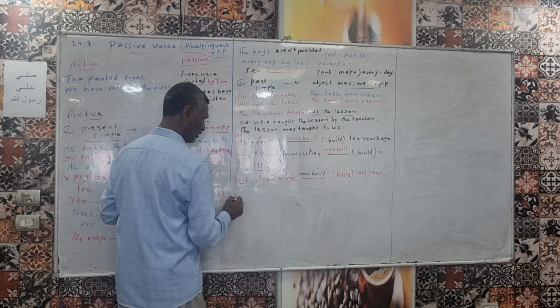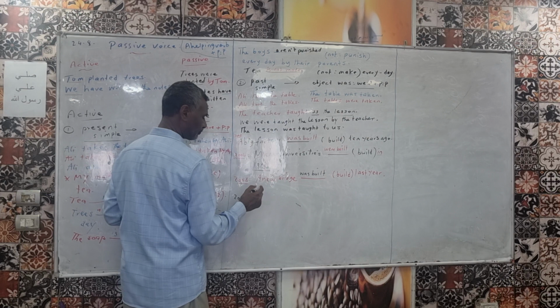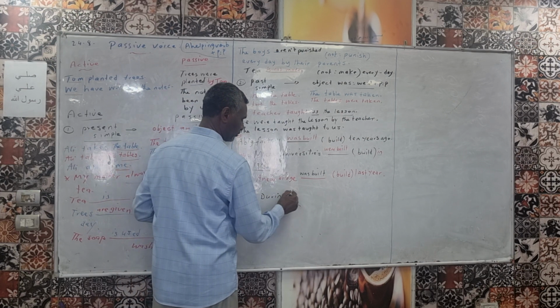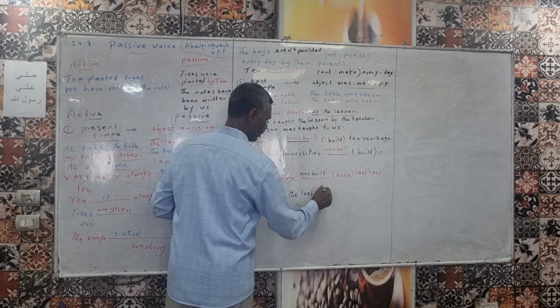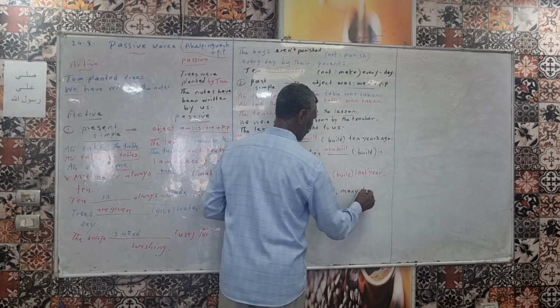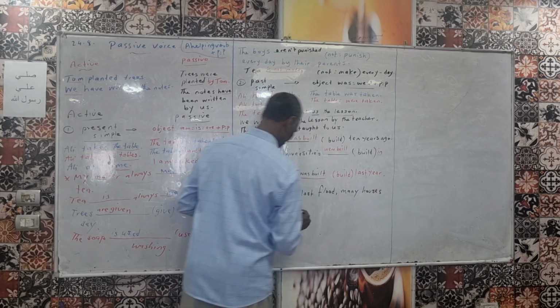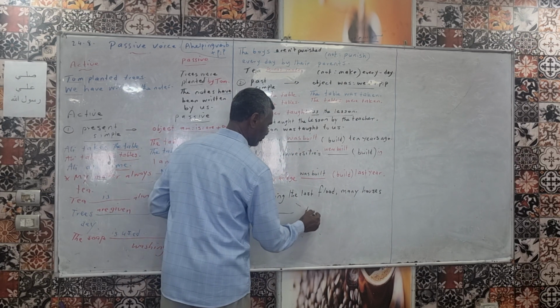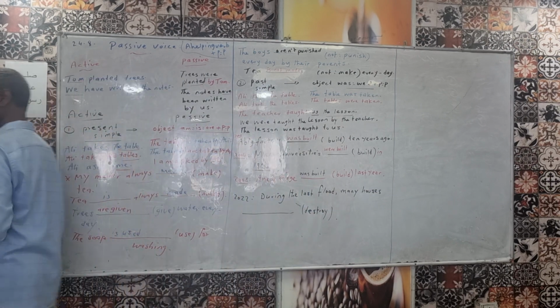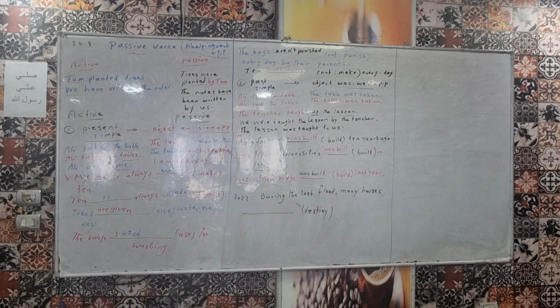The Sudanese Certificate of 2022: during the last flood, many houses destroyed. Is it the houses destroy or are destroyed? Active or passive? Flood sometimes is a verb, sometimes a noun. Flood as a verb means to overflow, but here, during the last flood, it is a noun.